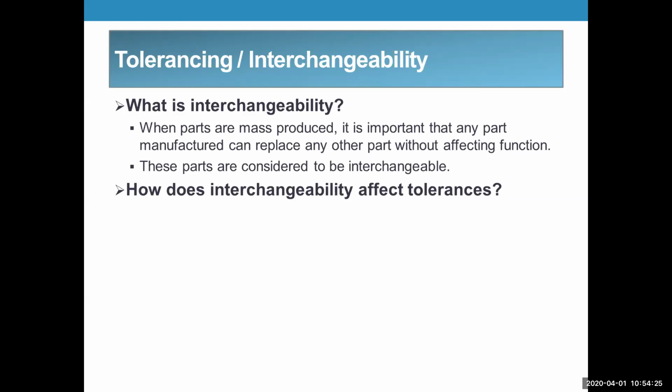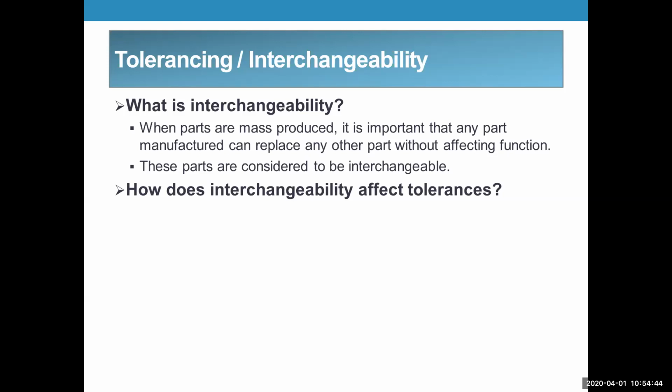The problem became then in the field, if you had a rifle with a broken part, and you found another rifle, same manufacturer, same model, you couldn't necessarily use the parts from that rifle in yours because they were of different sizes.